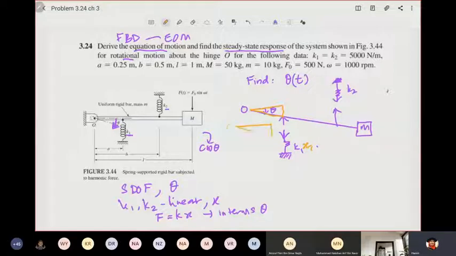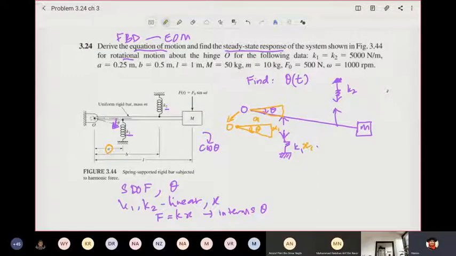You have O, the pivot point O. This is the displacement of K1, which is x1. This is theta. This distance here, if you look at the problem, is A. So you have for K1, can you understand the figure?